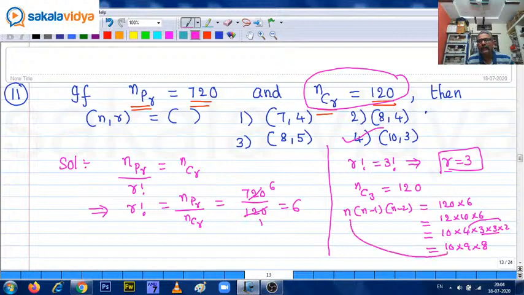So n equals 10. So (n, r) is equal to (10, 3).